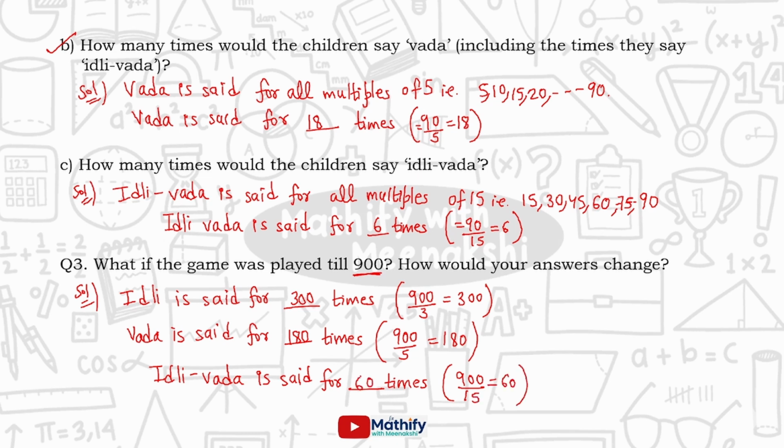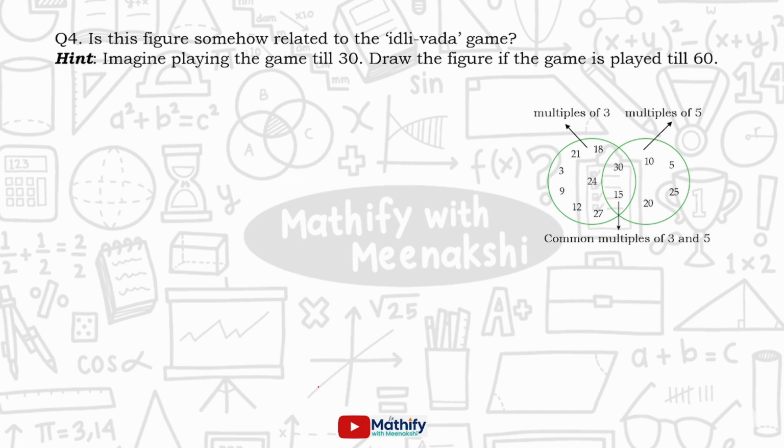Easy. Now let's move to the last question of this figure it out. If this figure is somehow related to the idli vada game, imagine playing the game till 30. Draw the figure if the game is played till 60. Now if you have to play the game till 60, just draw these circles. On one side you have to write multiples of 3.